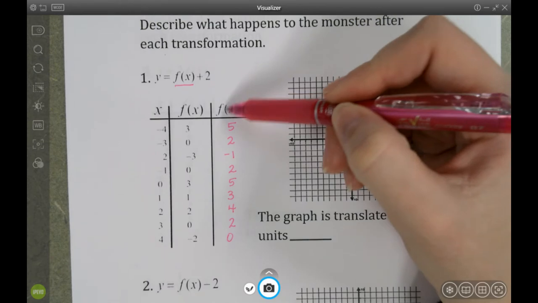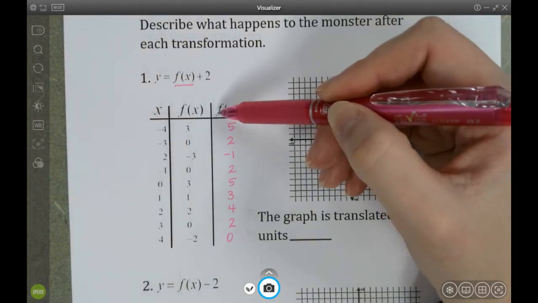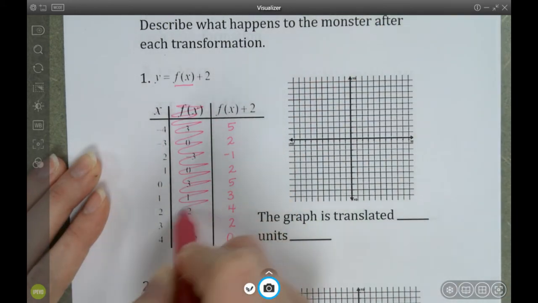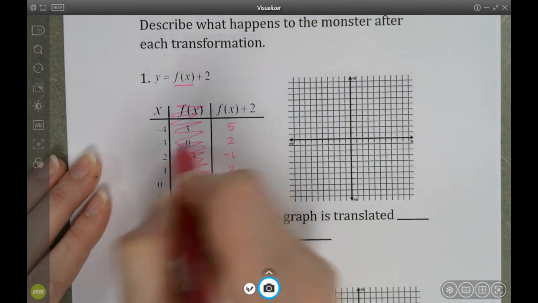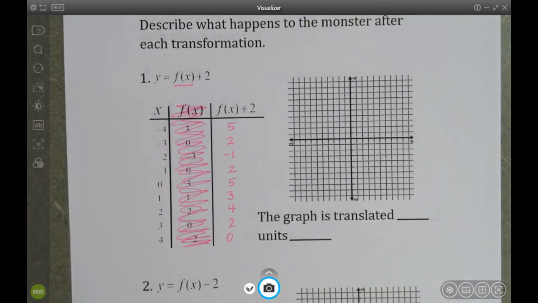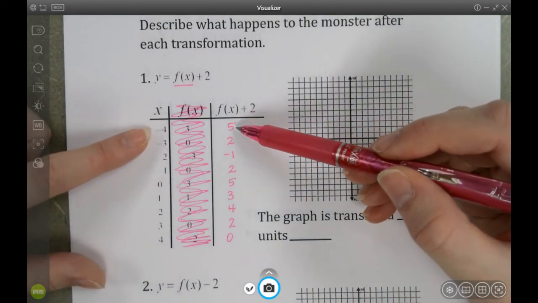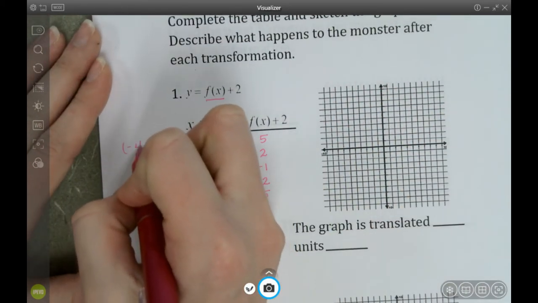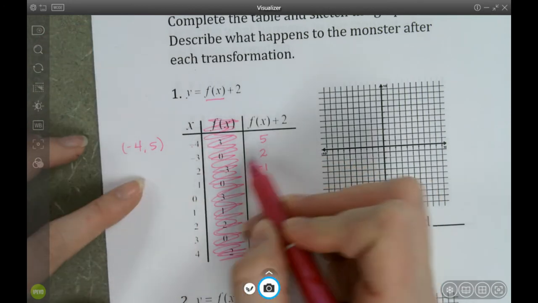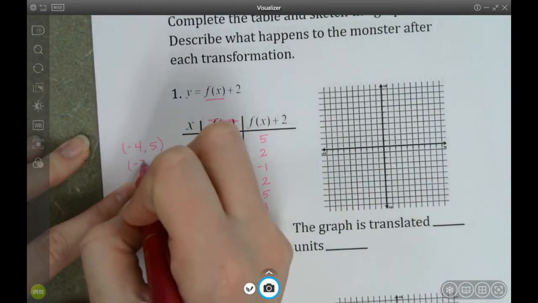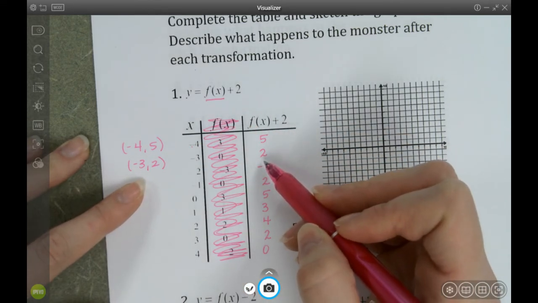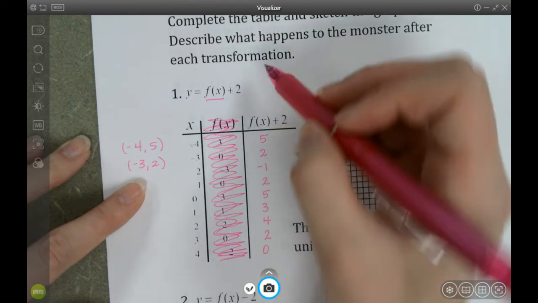Okay, so I did exactly what this right here says. I added 2 to each y value, or f of x value. Now, I'm done with this middle column. Totally done with it. So we're going to mark it out. And now, I'm going to use these x, y points, and I'm going to plot them. So now I have the point negative 4, 5. I have the point negative 3, 2. That's what they gave us right here.